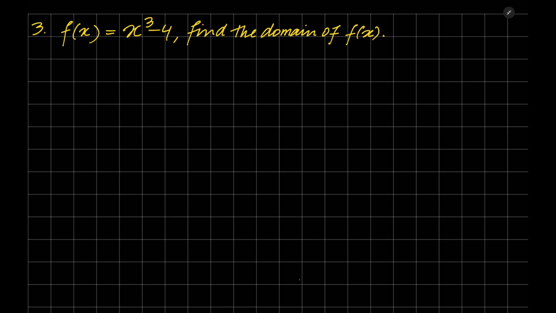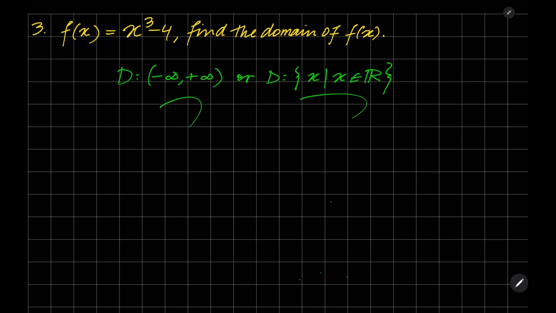So the domain of f of x is from negative infinity to plus infinity, or the domain of f of x is x an element of real values, all real values. That's the answer.